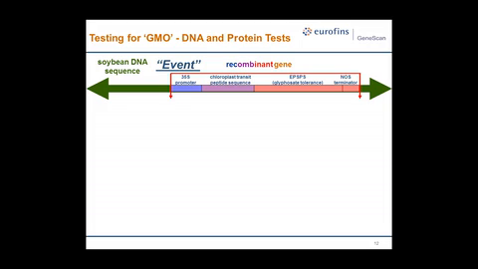Now, the biotech companies don't develop one plant and market that. They'll take that same insert and put it into hundreds or thousands of plants, and each one of those will have a unique event identification number that is specific to where it sits in the host genome.